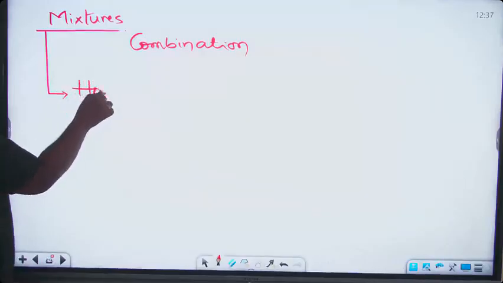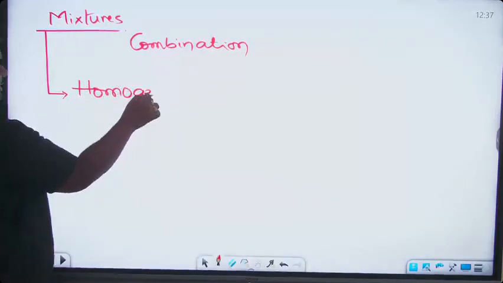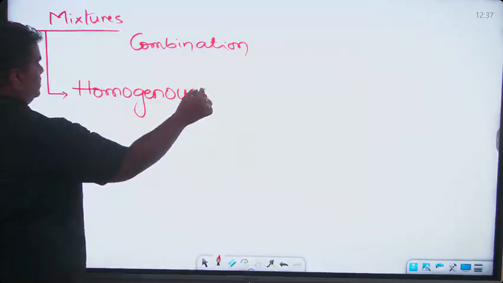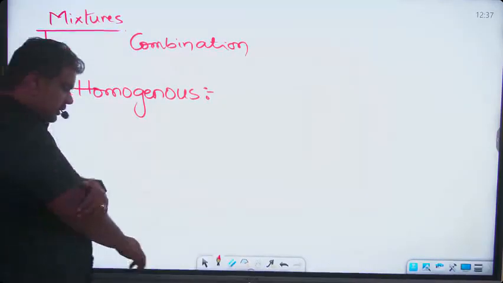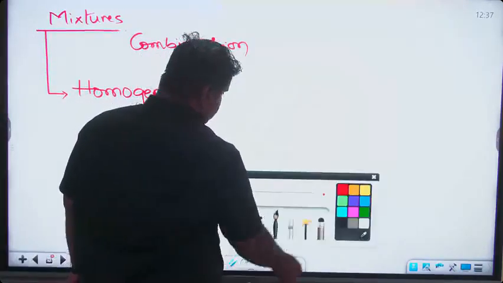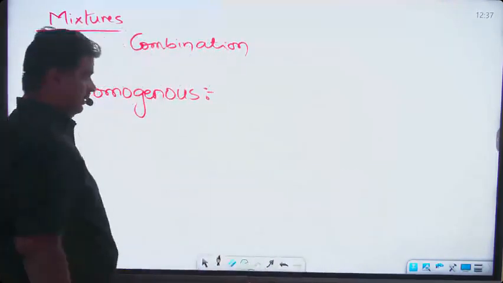So mixtures lo we are having two types. One is a homogeneous mixture, other one is heterogeneous mixture. Now the question is that what do you mean by homogeneous mixture ante enti? What do you mean by this?